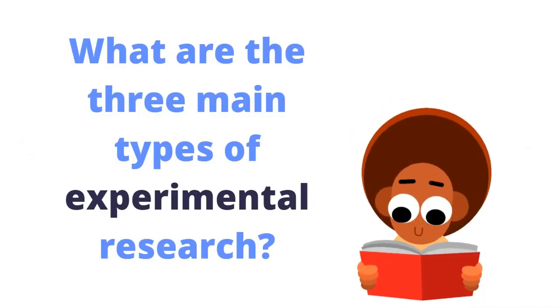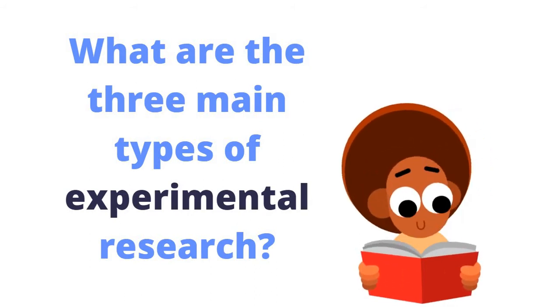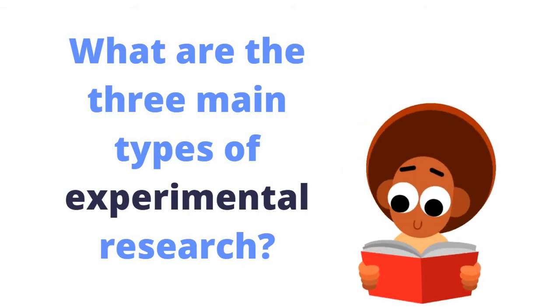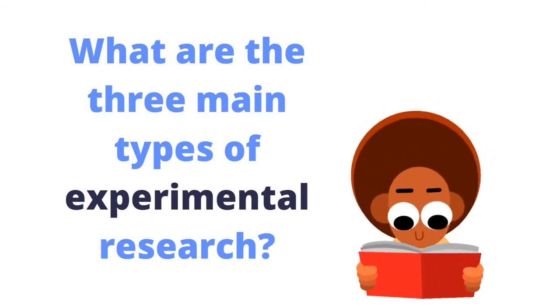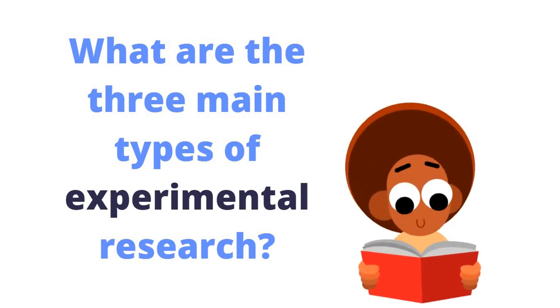Okay, let's now go to the next part of the review, the 3 main types of experimental research. You still remember those 3? Okay, so let's enumerate. The 3 types are the pre-experimental, the true experimental, and the quasi-experimental.